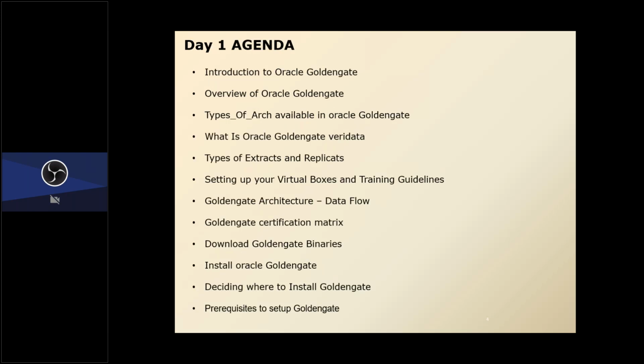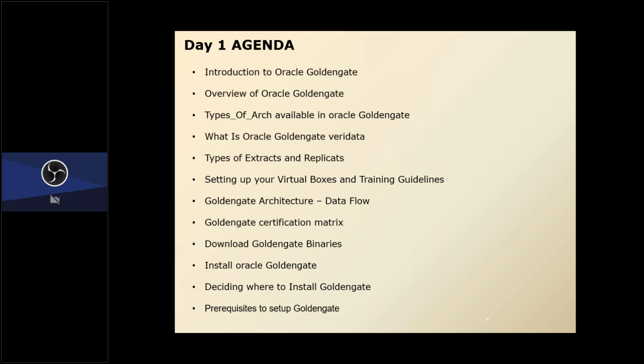In today's session, we are going to discuss an introduction and overview of Oracle Goldengate. Next, we are going to discuss the different types of architectures available in Oracle Goldengate. What is Oracle Goldengate Veridata? Then different types of extracts and replicats.